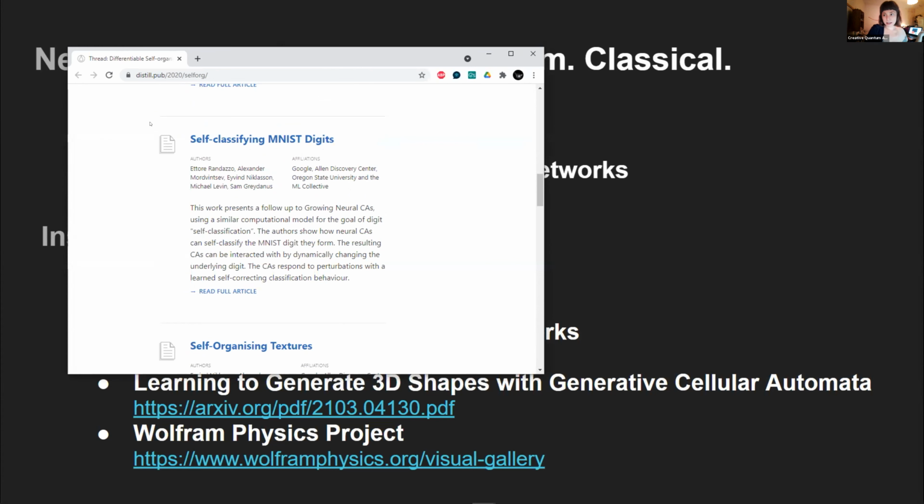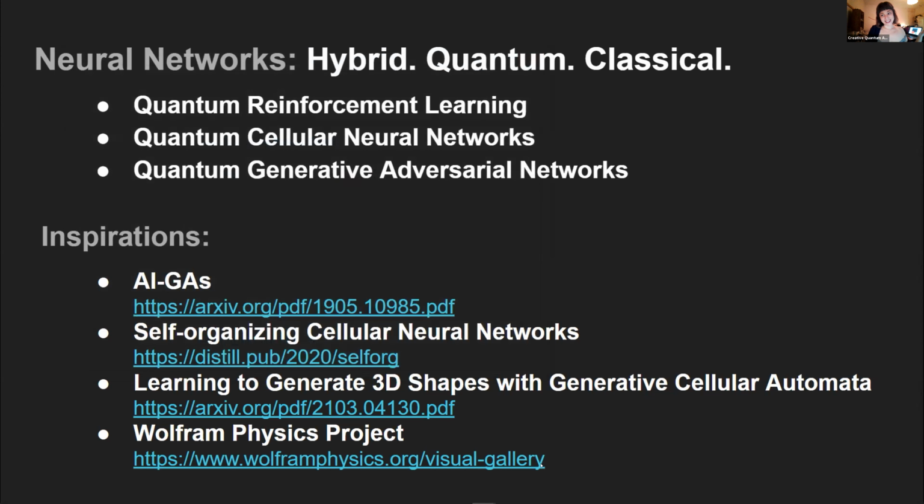And this is all for classical computation, so our model will have a quantum enhanced version of that. Also, we are inspired by the Wolfram Physics project, of course, because many of you might know that for all kinds of cellular automata, he's like the godfather, and his physics project is also very interesting to look into. So that's that.